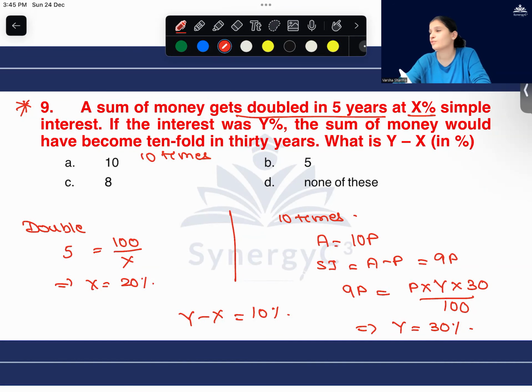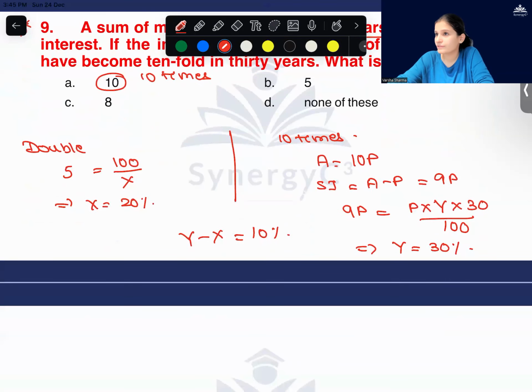That will always give you an answer, in 2 more steps, but it will always give you an answer. So we have no formula for 10 times, and we don't remember any logic. Apply the normal basic simple interest formula. Clear? So our answer is, difference is 10.